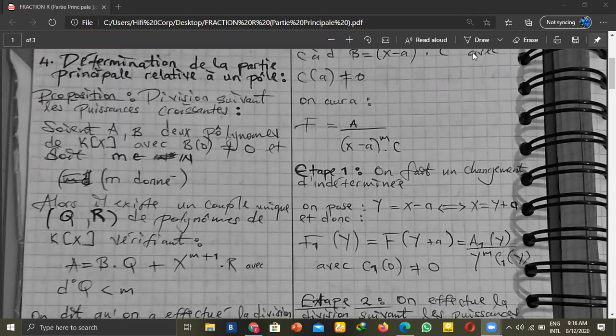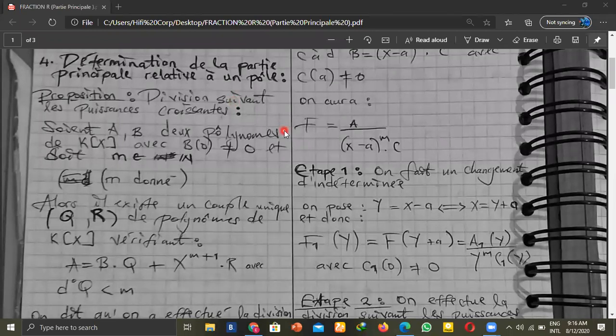So, before we go any further, can anyone give us a summary of what we did? What is a fraction rationale? When you talk about fraction rationale, what is it? Someone to give us a recap of what we did.